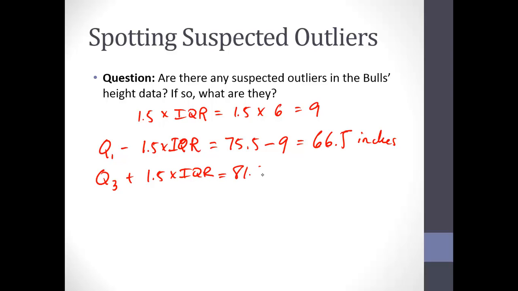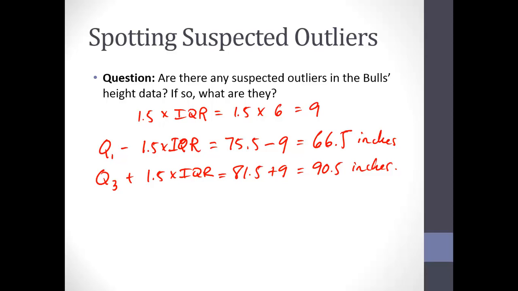That was 81.5 plus 9, or 90.5. So these are our bounds, right? If we have any observations in our data set that are less than 66.5 inches, we're going to call that an outlier. If we have any numbers larger than 90.5, we'll call those an outlier.